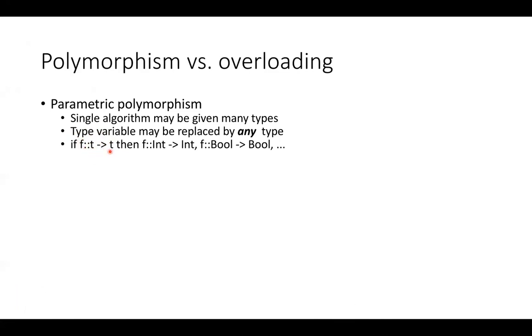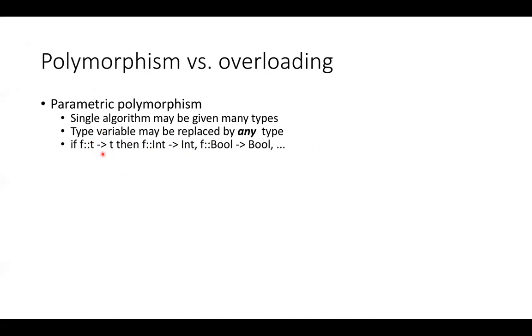What that means is that in the absence of any other constraints, you could replace t with any type and you would have the same algorithm. This is called parametric polymorphism because the function is polymorphic, but it's parameterized, and this is true regardless of what the type parameter is.